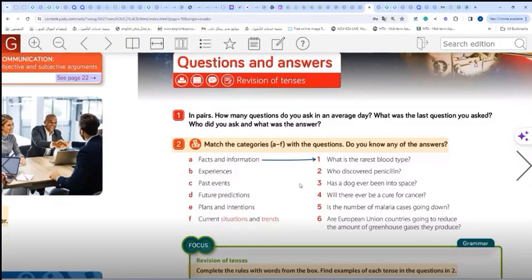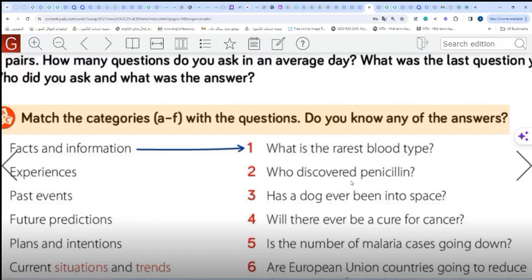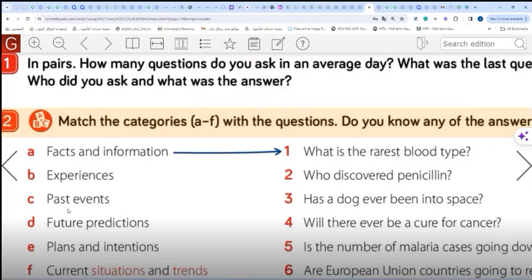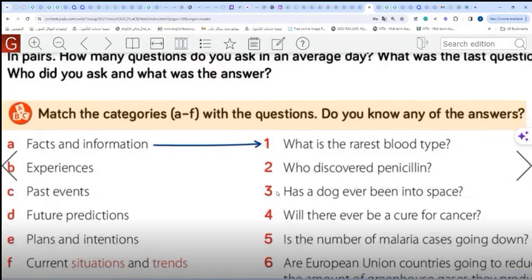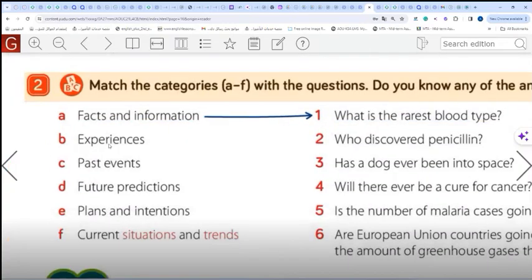Okay, dear students. So who discovered? Which tense is this verb in? Past events. Again, past events. Excellent. So it's past simple. What about has a dog ever been into space? Is it experiences or future predictions?